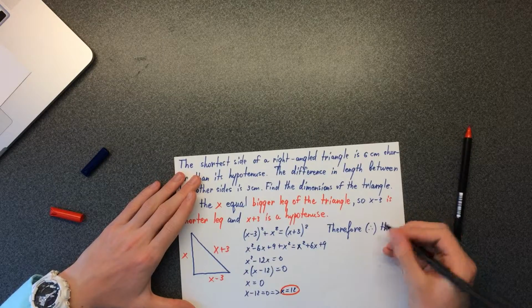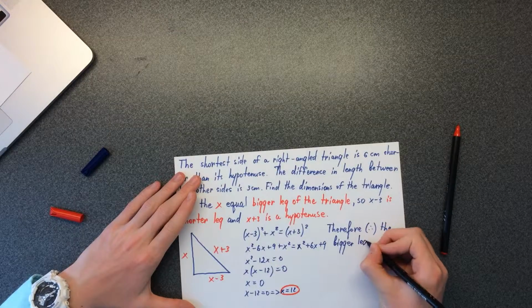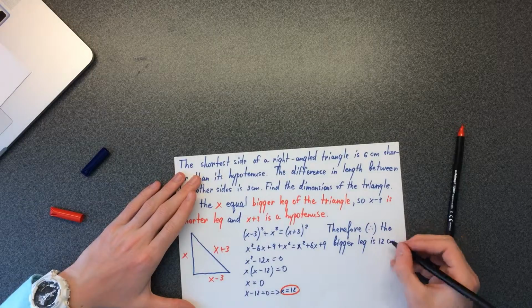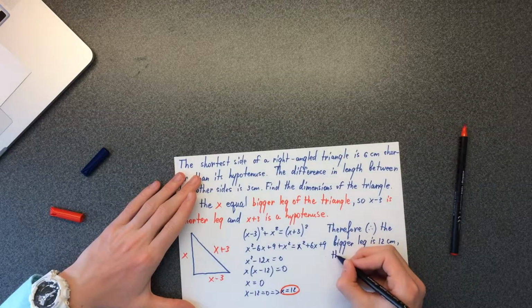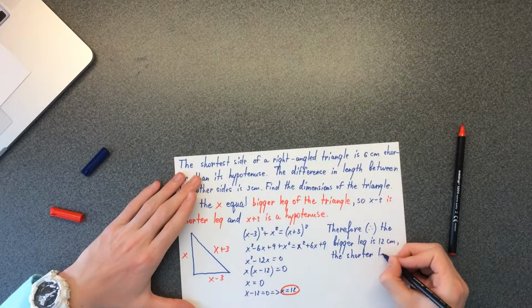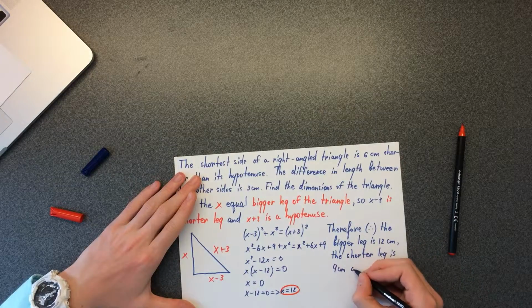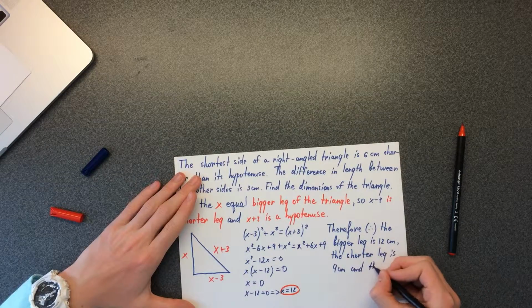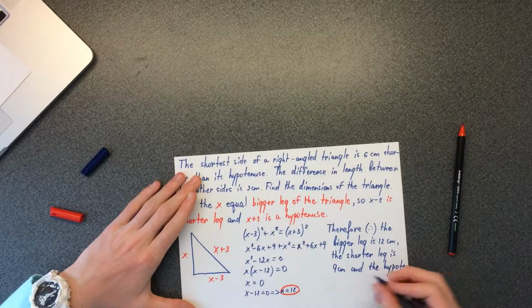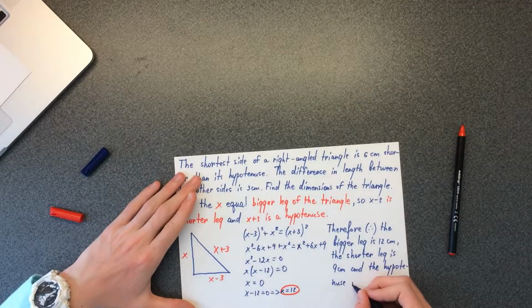So the bigger leg is 12 centimeters, the shorter leg is 9 centimeters, and the hypotenuse of the triangle is 15 centimeters.